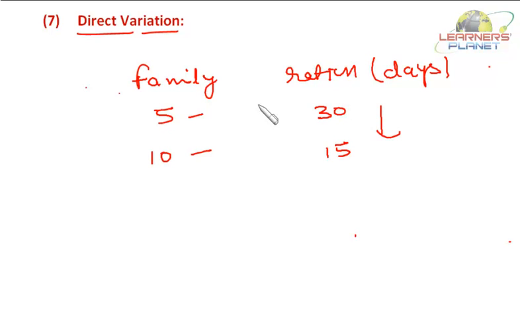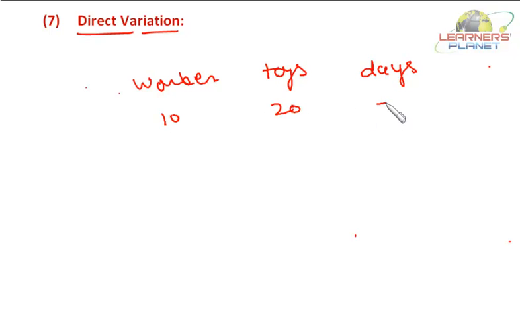Now let's take an example of direct variation. Suppose there is a factory in which workers are making toys. So workers, toys and days. Suppose 10 workers are there and they are making maybe 20 toys in 5 days.